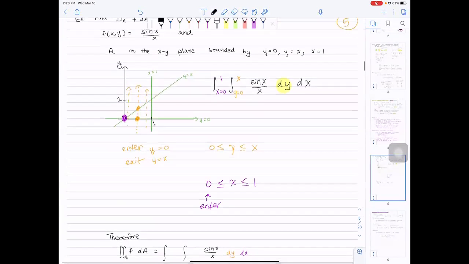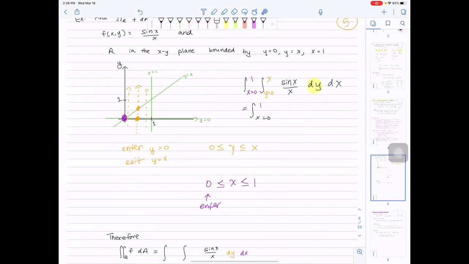Okay, so let me do the first step. When you do the integral with respect to y, notice that this term just has x's in it, so it's acting like a constant. So this integral is sine x over x times y, and you're plugging in y from 0 to x, dx.